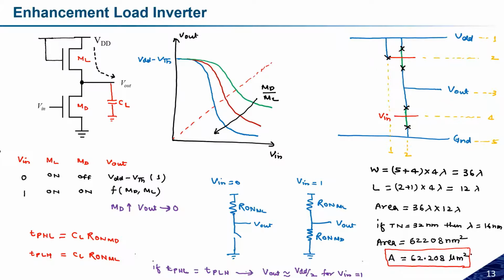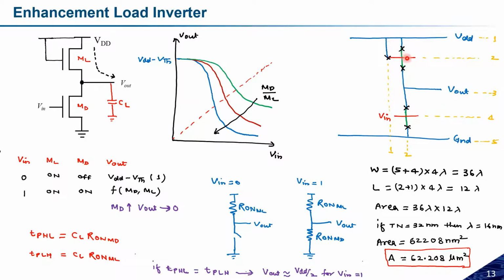Sir, if we increase the polysilicon on the PMOS circuit up to VDD, can we decrease the layer ones? Okay, you are talking about this first polysilicon, right? You want it extended up to the VDD.